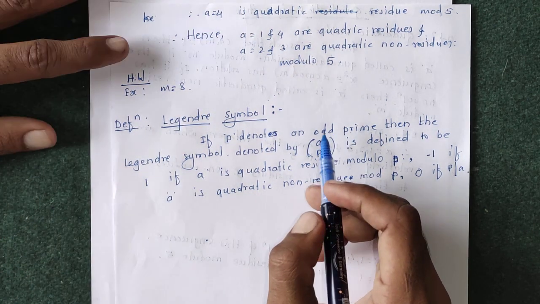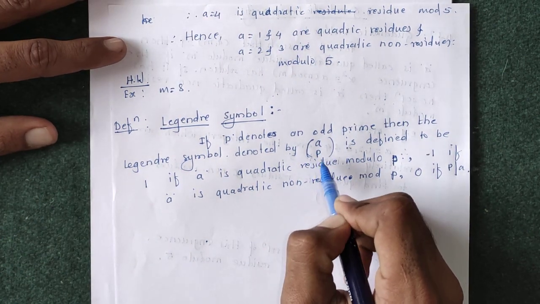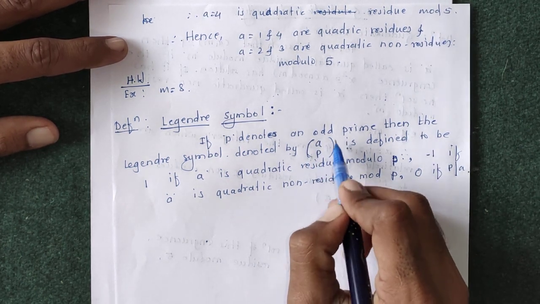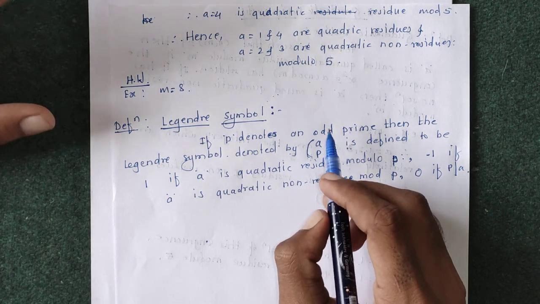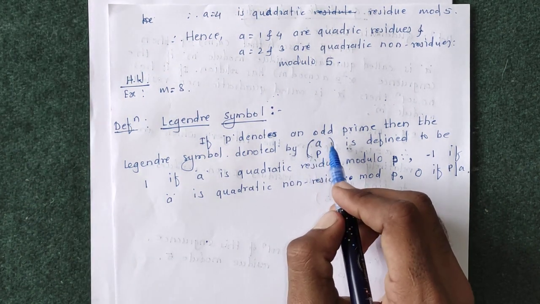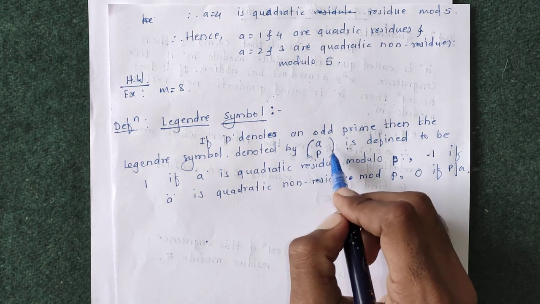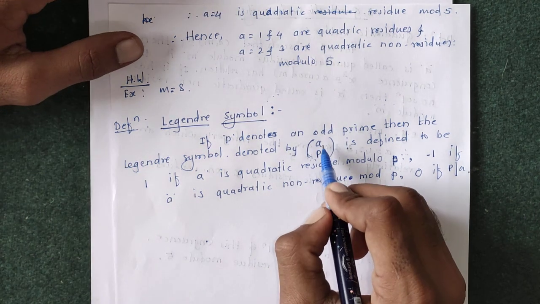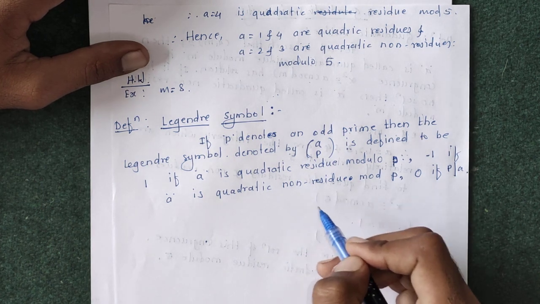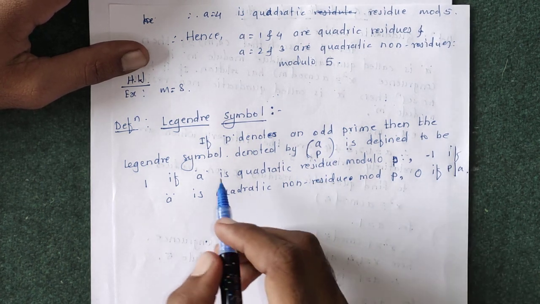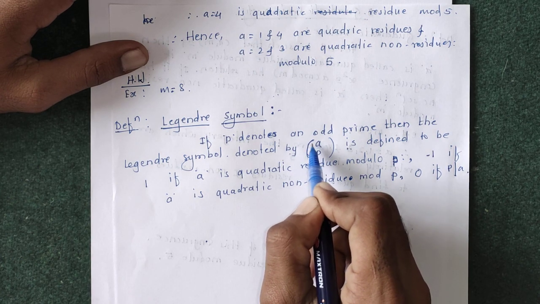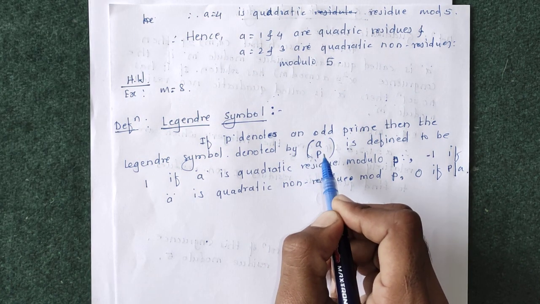The Legendre symbol of a and p is denoted in this manner, in round brackets a and then p. It is not a by p. Its value is either 1 or minus 1 or 0 depending on whether a is a quadratic residue, quadratic non-residue, or p divides a.